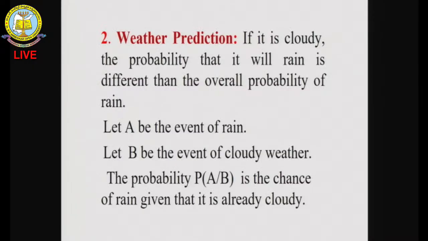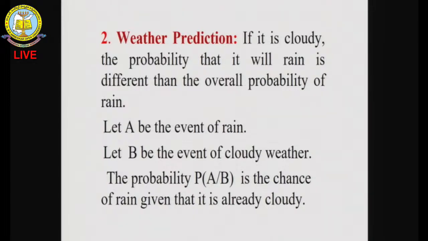So, a few more examples I will consider here. Weather predictions, already sir said weather predictions. How is this linked with our probability definition? If it is cloudy, the probability that it will rain is different than the overall probability of rain.